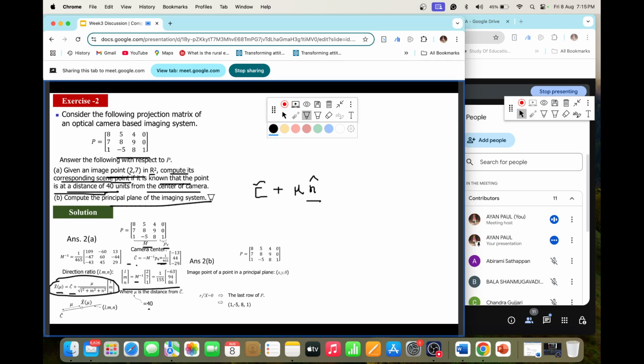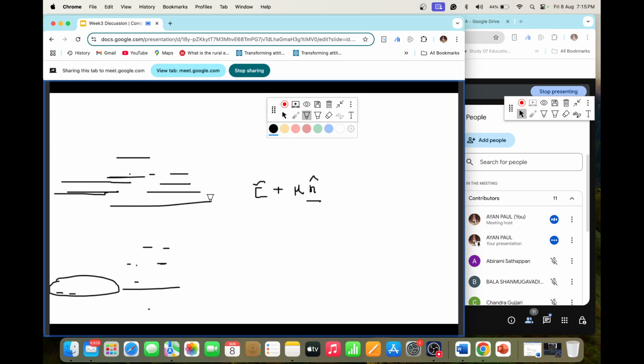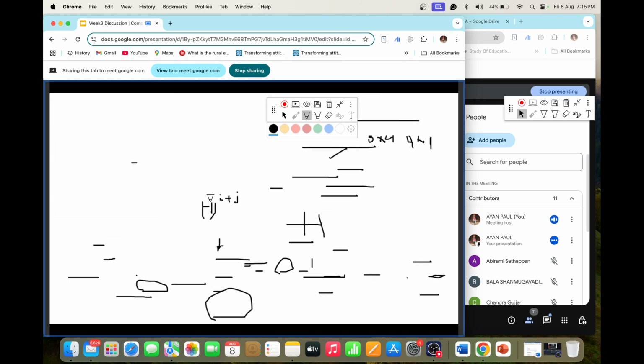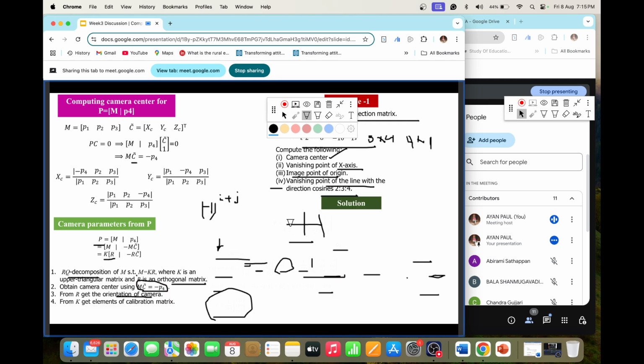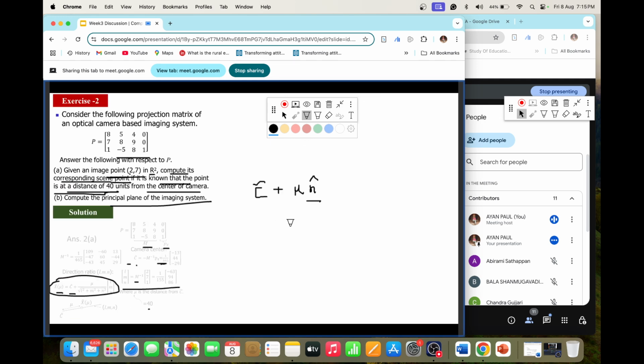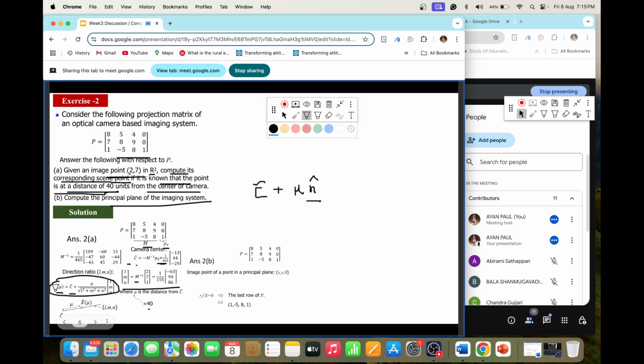Now about option B, what have we told? Compute the principal plane of the imaging system. I have told you how we can compute the principal plane of the imaging system. That is very easy. That is R3T x. Yeah, this one. Principal plane R3T x equals to 0. So x we got from our first 2a. We have the x and we have the R3T. R3T is nothing but this thing.